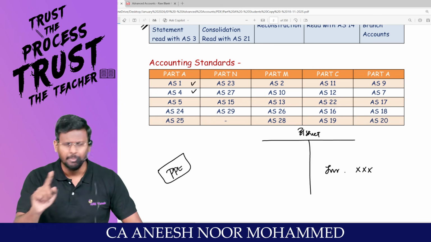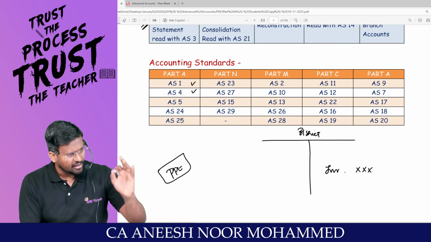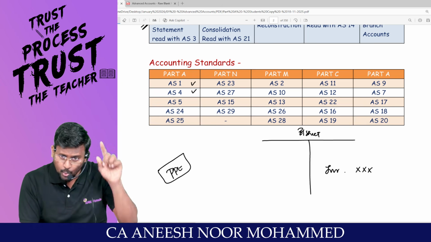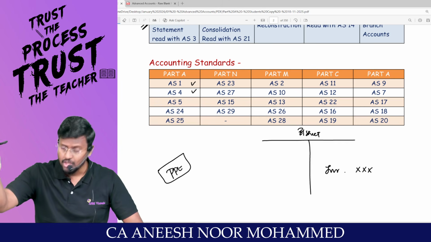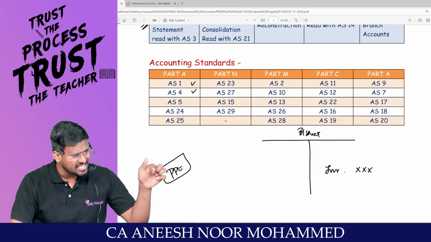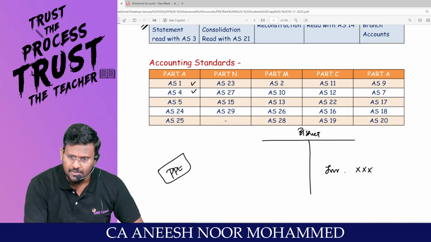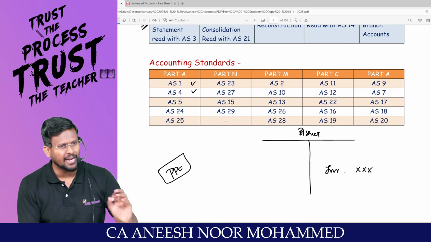Please remove that PPE: P&L account debit to PPE account. Such a journal entry the company has to pass, and they should not show the value of a PPE which existed on 31st of March but does not exist on the date of approval of the financial statements. That's what AS 4, contingencies and events occurring after the balance sheet date, is about.